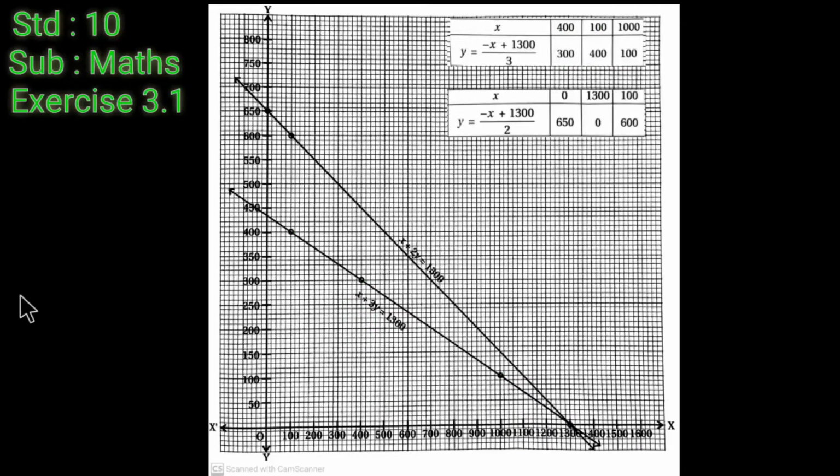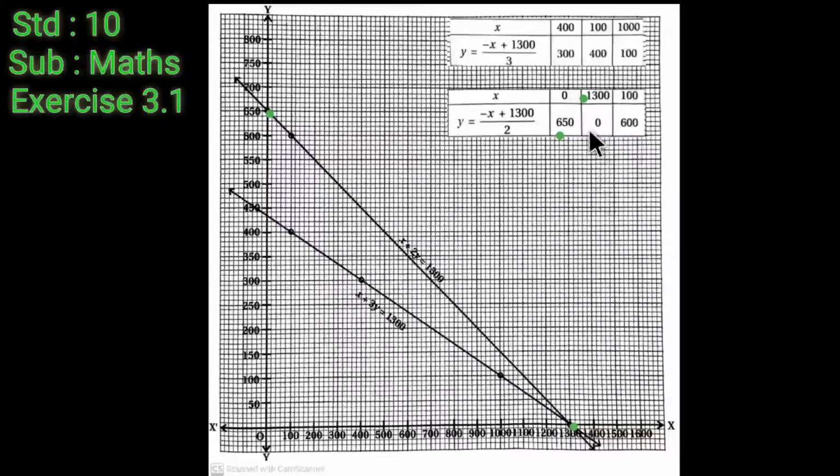Afterward, the second equation, and its solution table is given: the value of x is 0 and the value of y equals 650. So on the y axis 650, here we plot this point. Afterward, on the x axis 1300 and on the y axis 0.